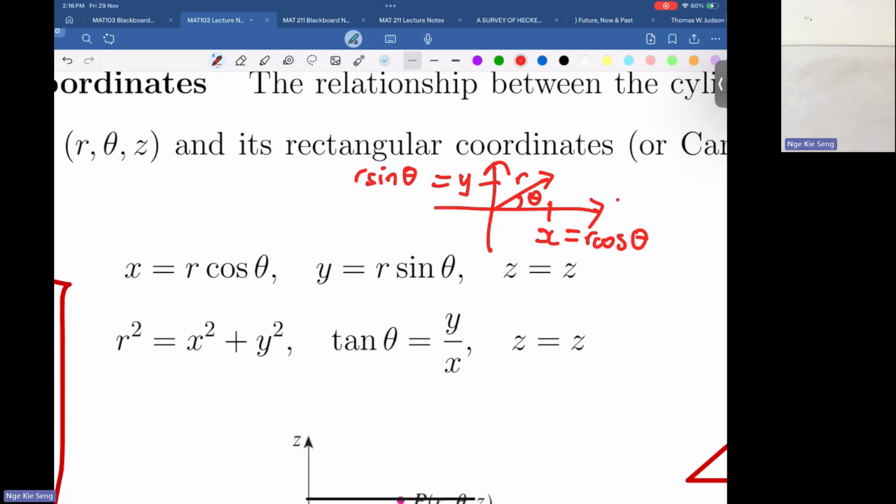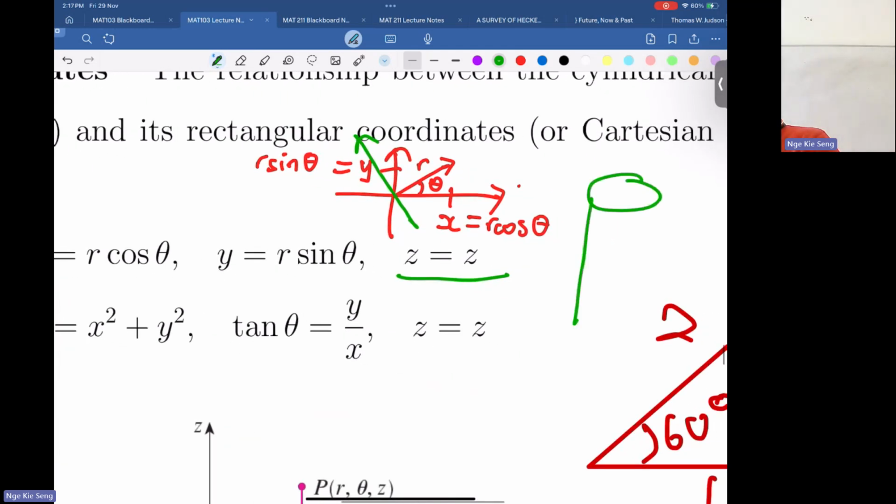In the z direction, you just take z equals z. So meaning you just put a bunch of circles at different heights, then you will form your cylinder. Is that how a cylinder is formed? A big pile of circles put together.